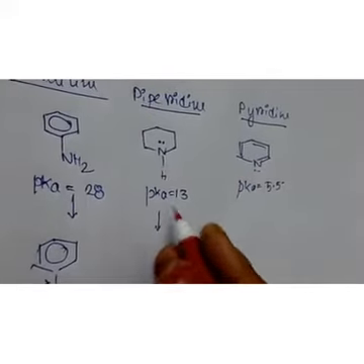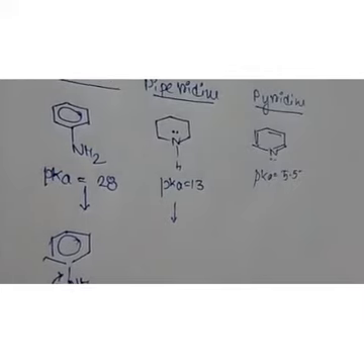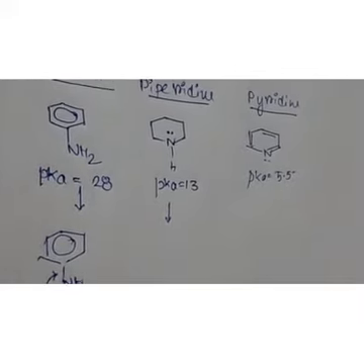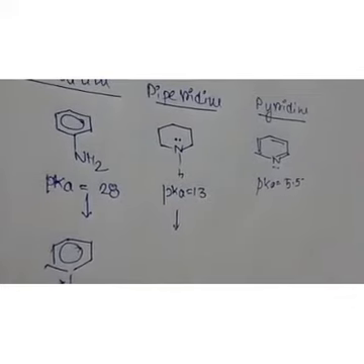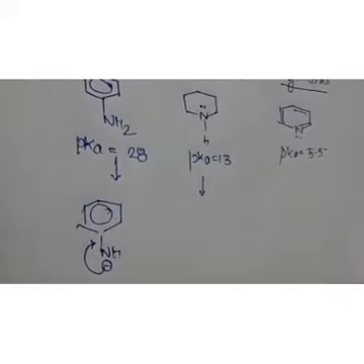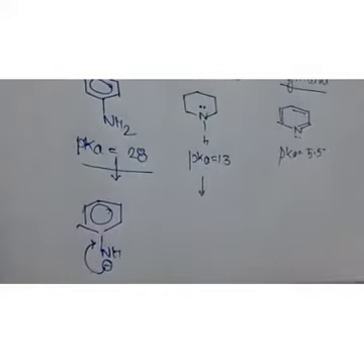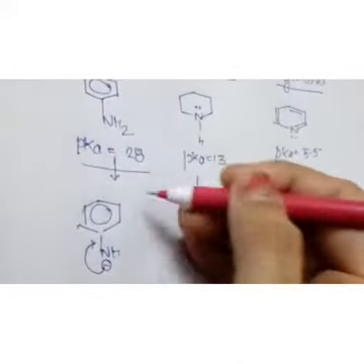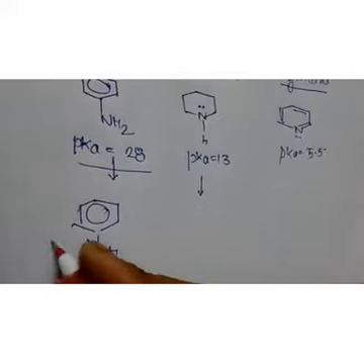And again piperidine will also form it, and the negative charge will also come to that N. But now this pK value is regarding its protonation, means its conjugate base formation.